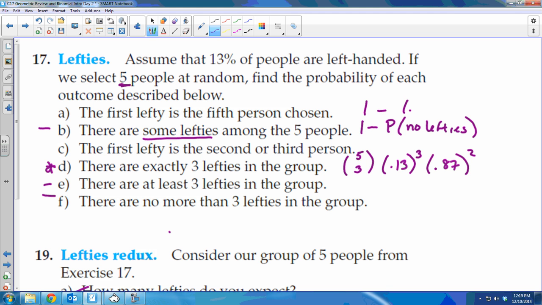It's just 1 minus 0.87 to the fifth. It's the same formula, but 5 choose 0 is 1, 0.13 to the 0 power is also 1, 0.87 to the fifth. So that's the answer. Does that make sense? Yeah, so far so good.